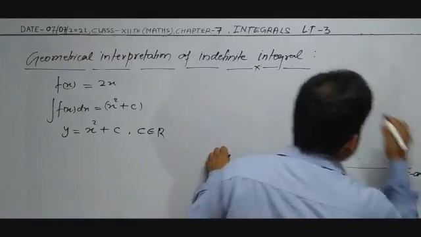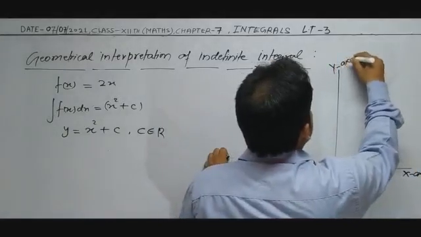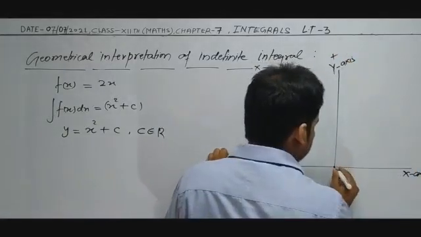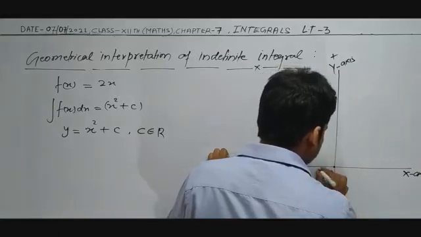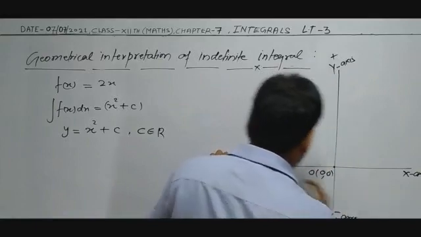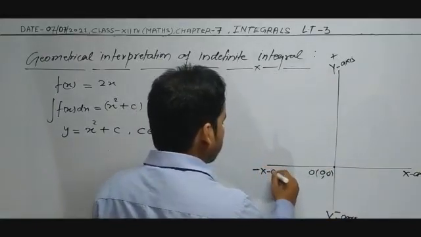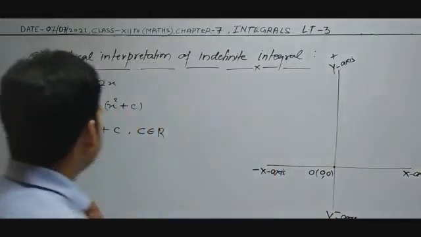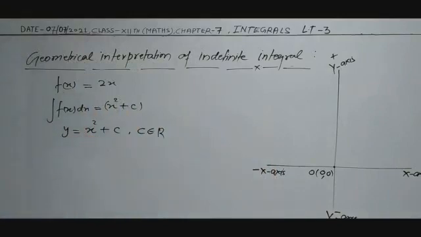This is the positive y-axis, and their intersection is 0, 0, the origin, with the negative y-axis and negative x-axis. So now suppose we are going to take their values. Let c is equal to 1.